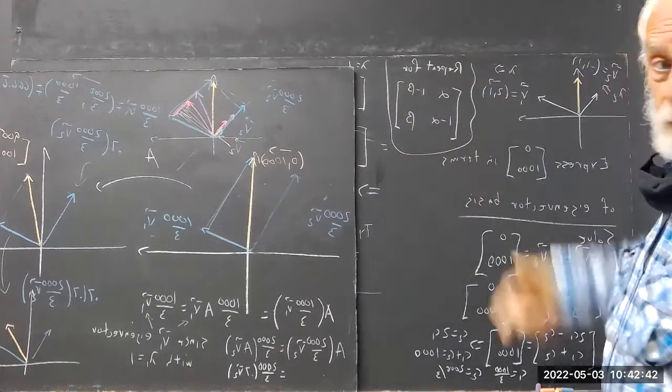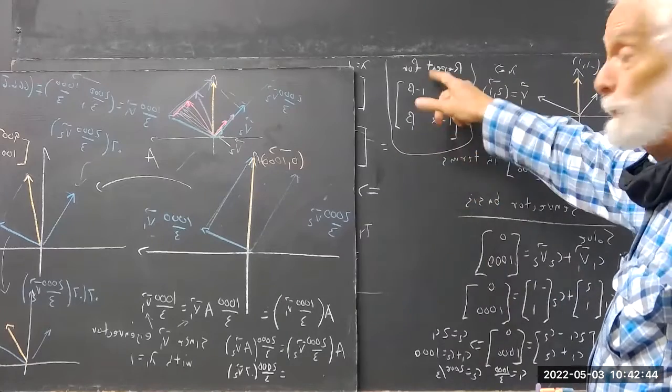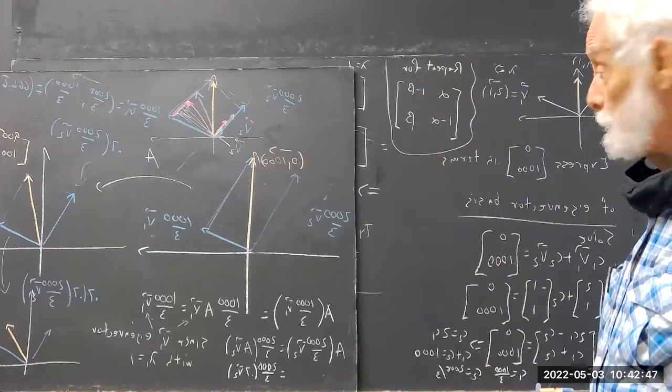We can see that this is a stochastic matrix because both columns add up to 1.